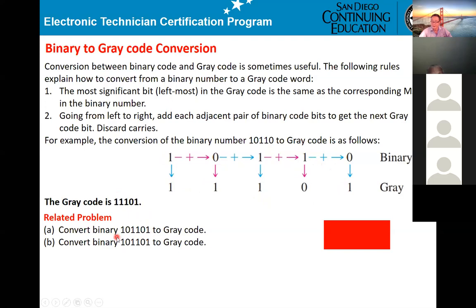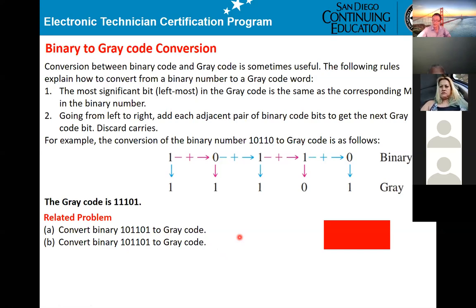Now you must be doing A and B for me. The easy one. Do it. 1011101. 1 plus 0 is 1.